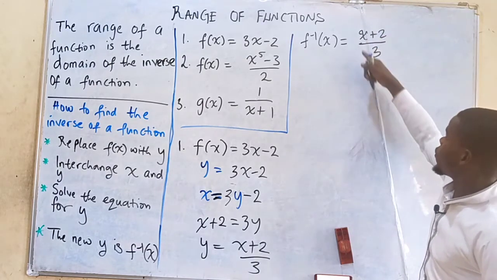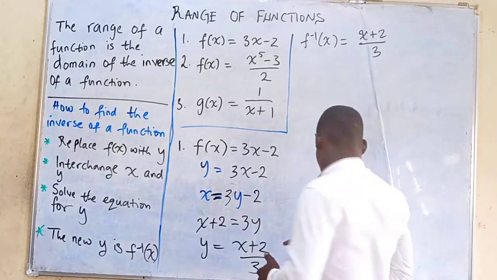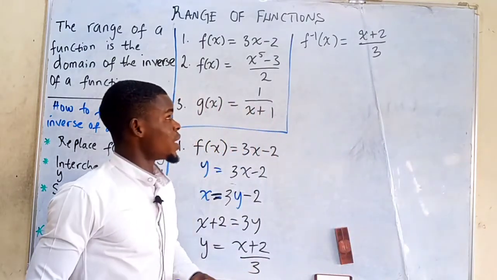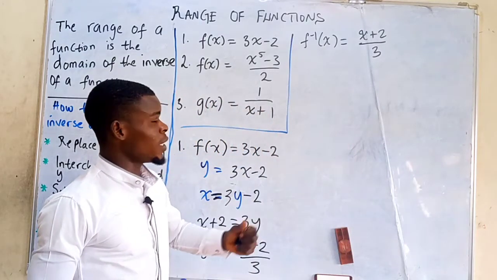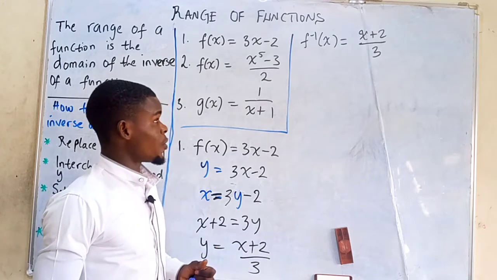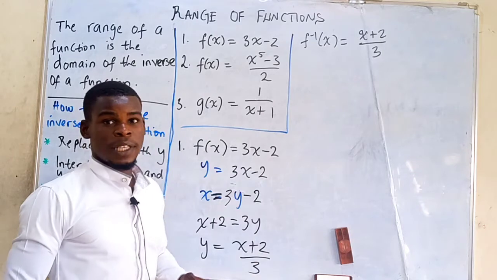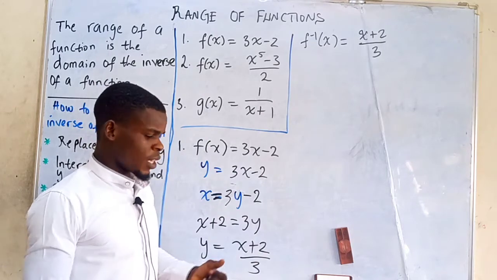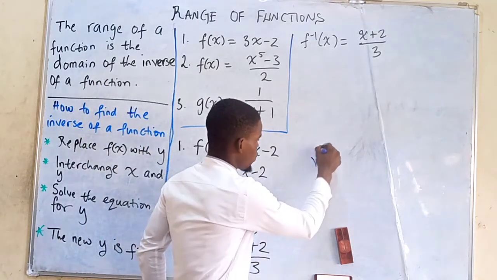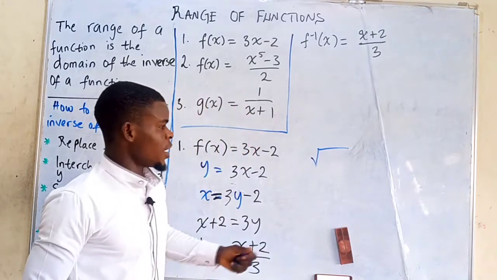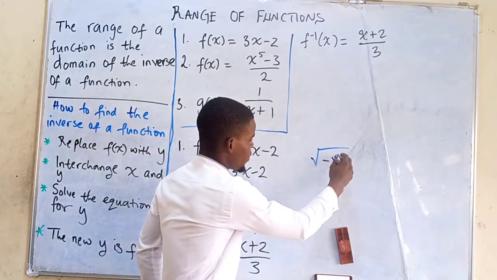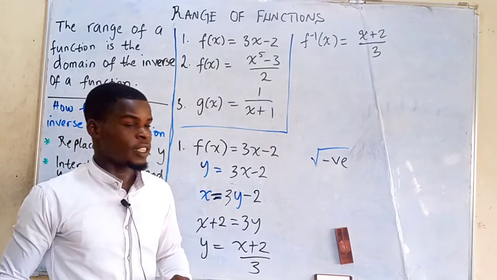So which kind of number will we put in that function that will make the function not to be a real number? Well, a function is going to be undefined in the set of real numbers if the denominator is 0. That is in the case of rational functions like this. Or if you have a square root function or a function with some radical terms, then if the input is going to be a negative number, that function will be undefined in the set of real numbers.